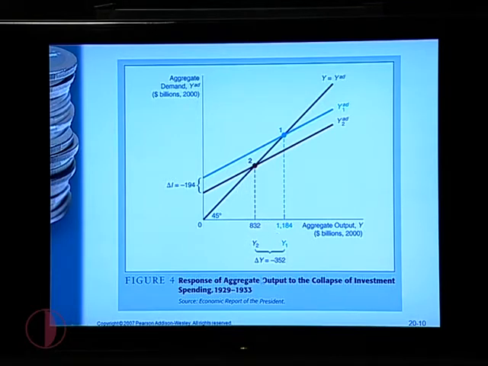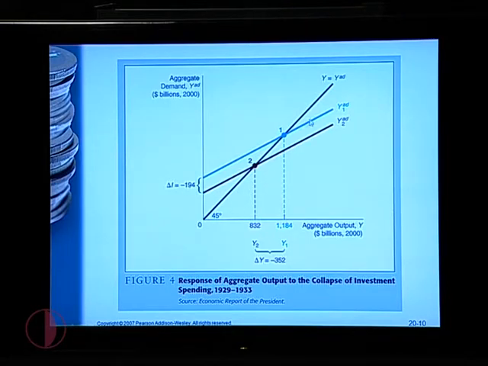So how does aggregate output respond to the collapse of investment spending? This was initially 1184, which equals Y1, but at point 2 it reduced to 832, where the change in income reduced by 194.